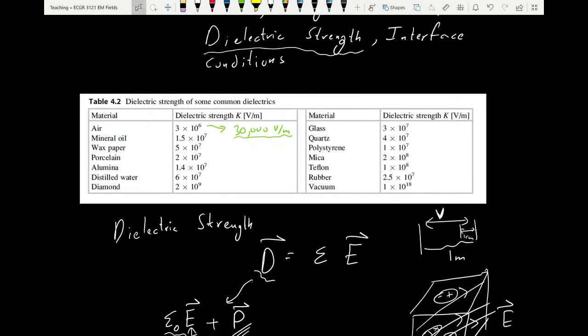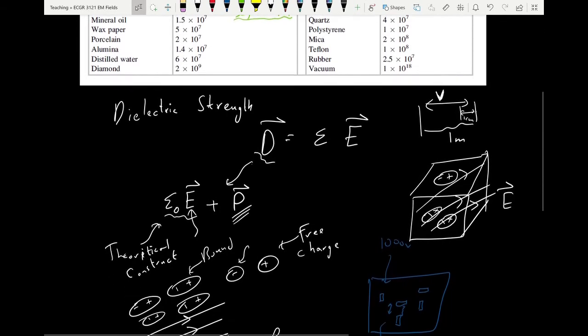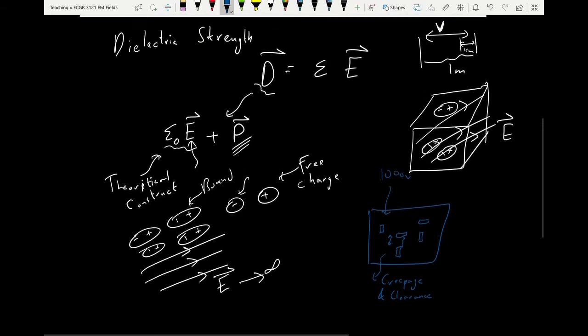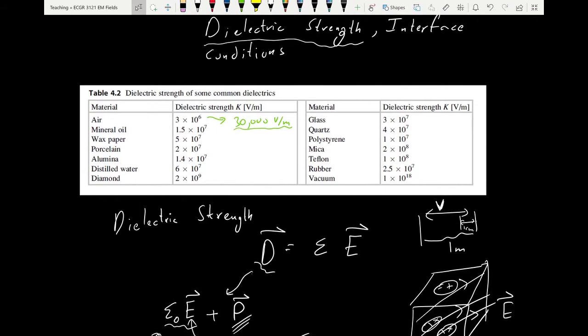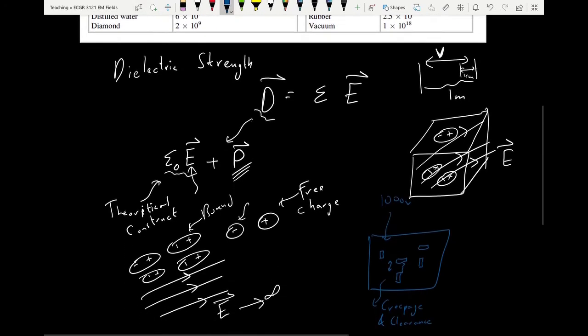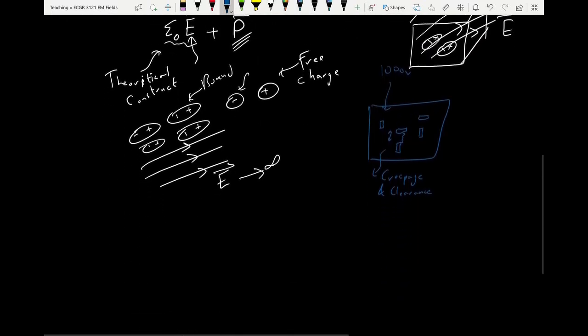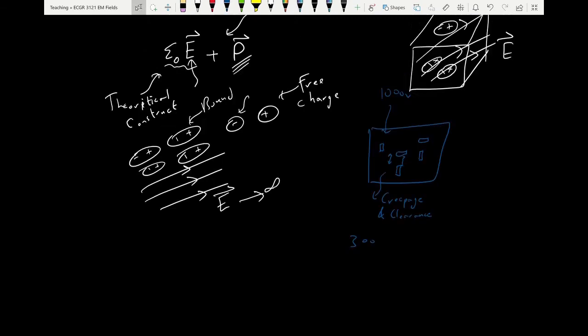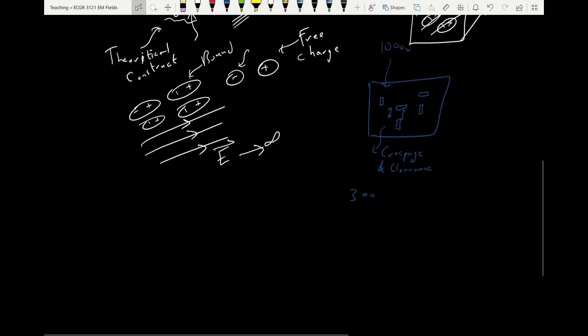Let's say 1,000 volts, right? So the question is, how much minimum distance do we need to accommodate the 1,000 volts voltage difference? So this is 30,000 volts per centimeter.